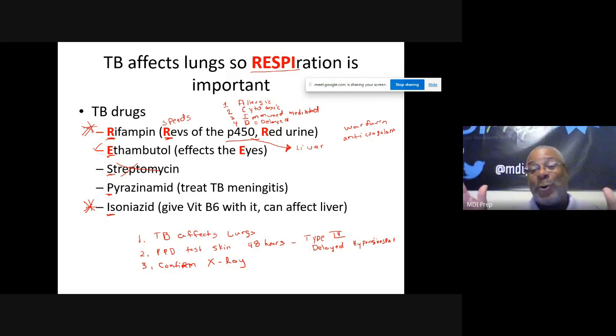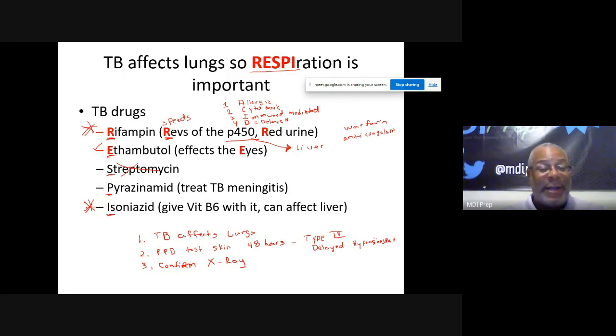That's beautiful. So let's see if this all makes sense. You said that if they're taking warfarin, rifampin is going to speed up the P450. Warfarin is metabolized by the P450, which means you're going to be breaking down the warfarin faster, so it's not going to stay in the system longer. That means you're decreasing your warfarin.